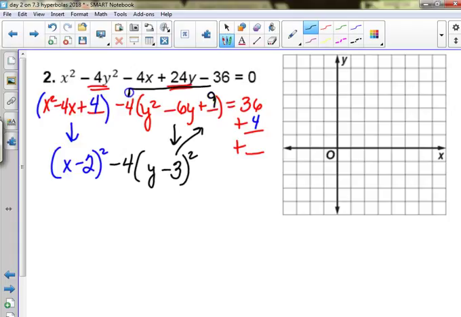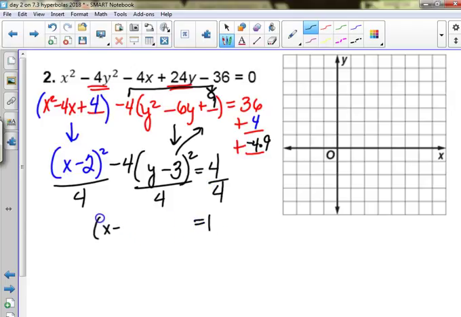But what did we really add to that side? Negative 4 times 9, which is negative 36. To the positive 36 would be 0. So left on that side is a 4. And then we need to divide everything by 4 because the equation on the sheet said it has to equal 1.